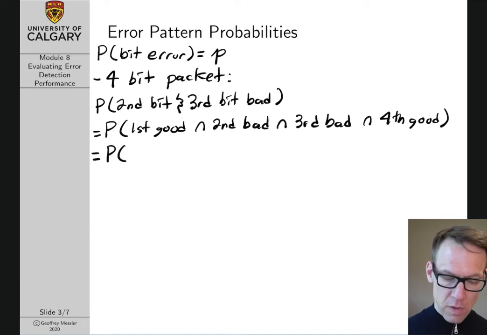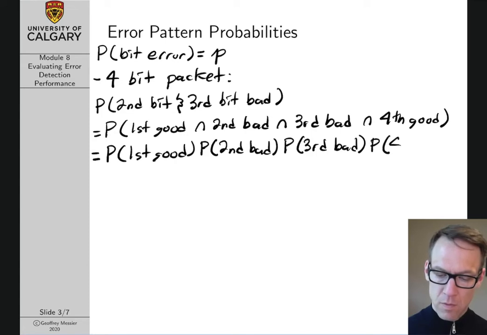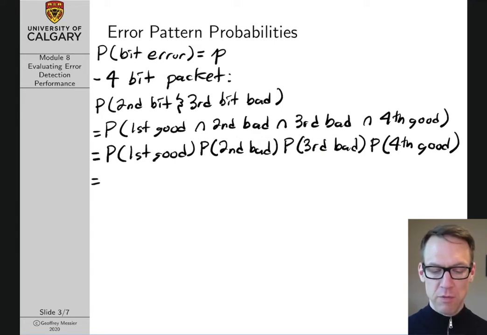So this is equal to the probability that the first bit is good, multiplied by the probability that the second is bad, and so on. If the probability of a bit being bad is p, the probability that it's good is 1 minus p.